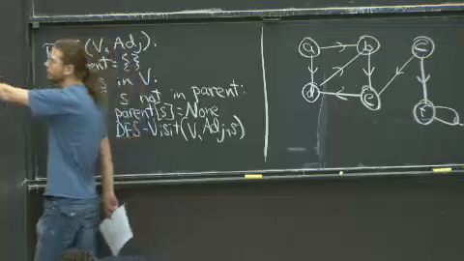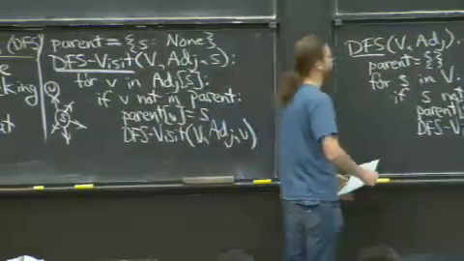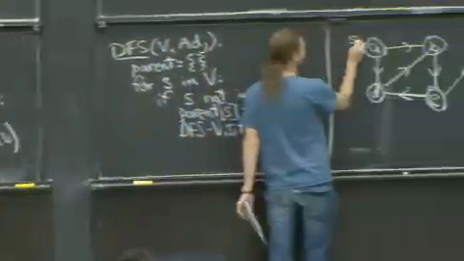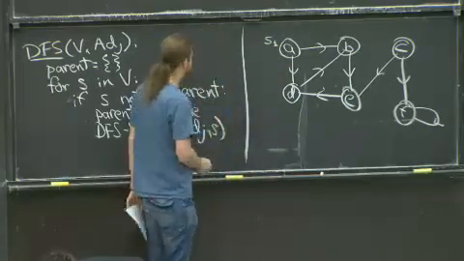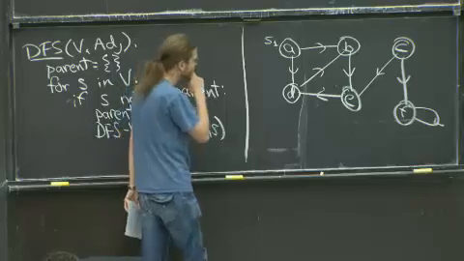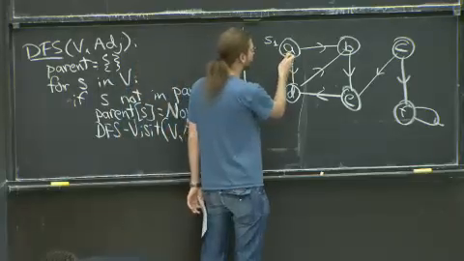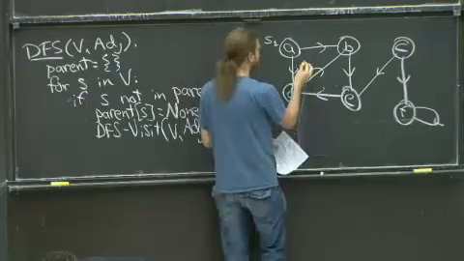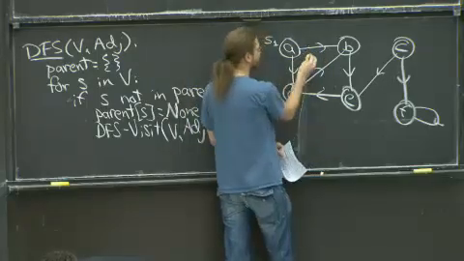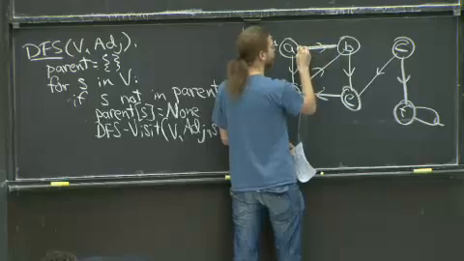So we enter here with S equals A. I'll mark this S1 to be the first value of S at this level. So we consider, I got to check the order here. First edge we look at, there's two outgoing edges. Let's say we look at this one first.